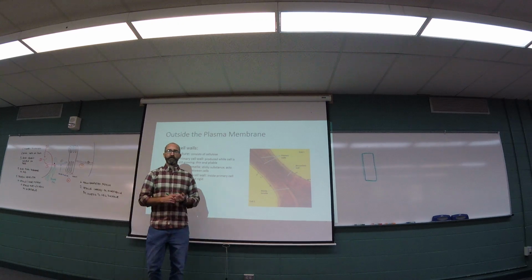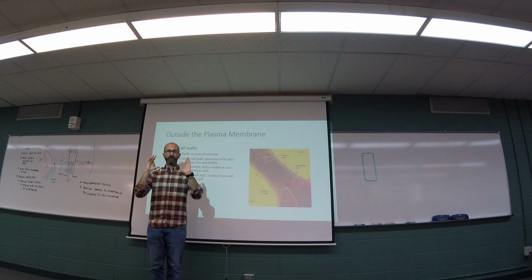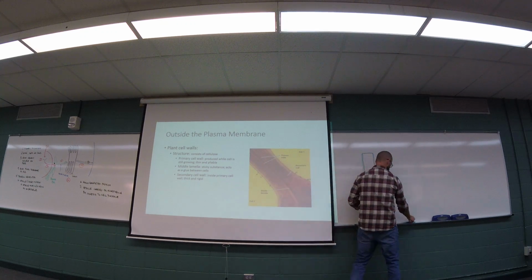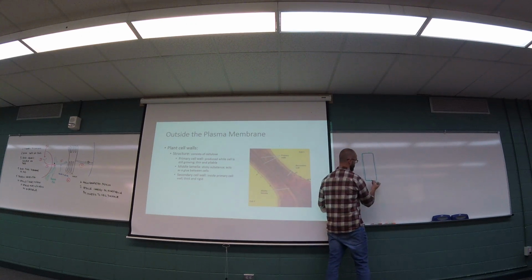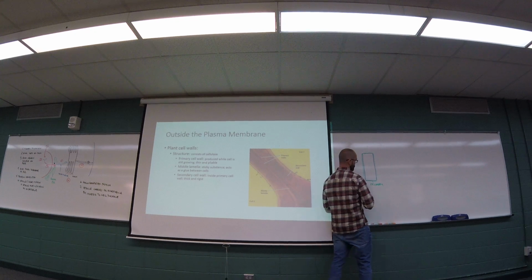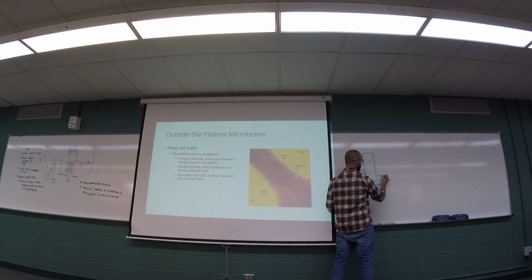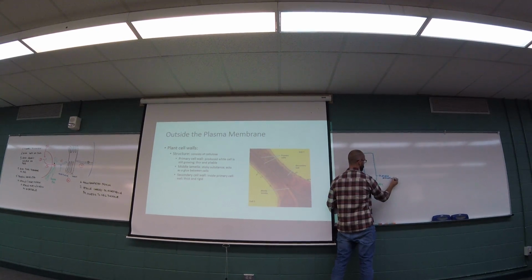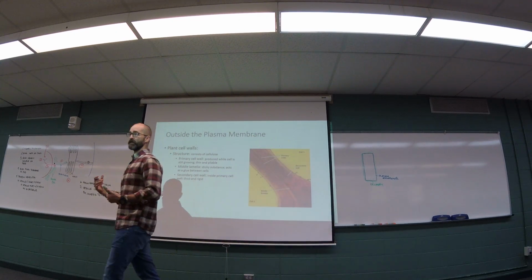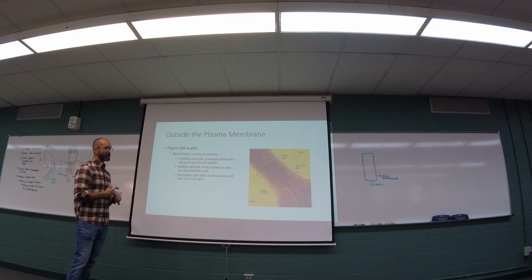And then sometimes what happens, if you really want that cell to maintain its shape, is you secrete what's called a secondary cell wall. So if you secrete a secondary cell wall, and I'll just write this is primary. And this is plasma membrane. You already have a primary cell wall, and it's the plasma membrane that's secreting or manufacturing the cellulose.